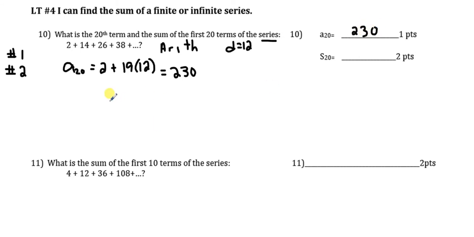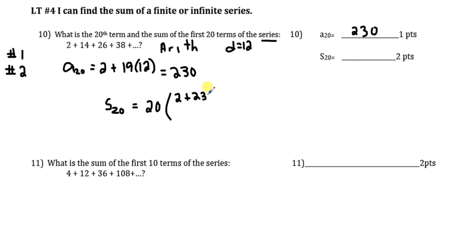The sum of the first 20 terms is equal to n, which is 20, times A1, which is 2, plus an, which in this case we're doing A20, is 230, which we just figured out.